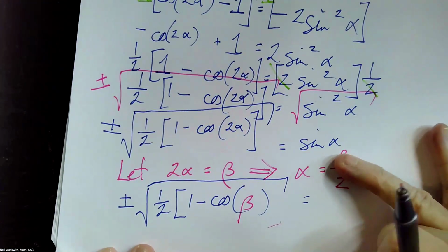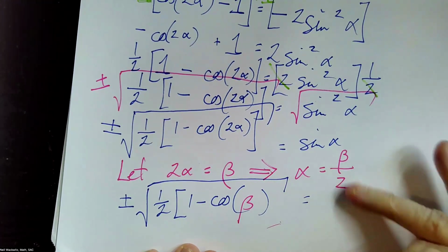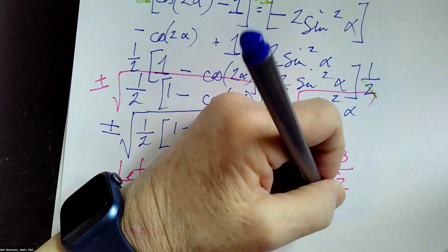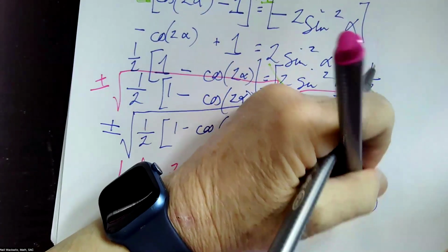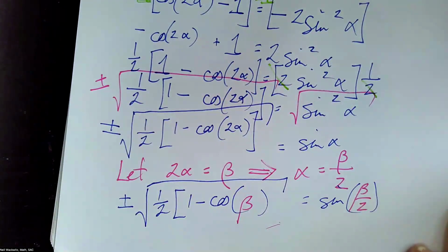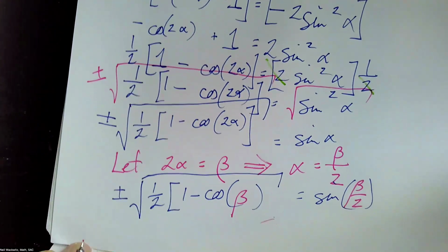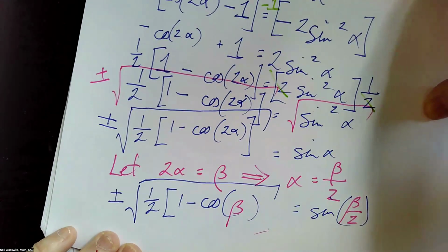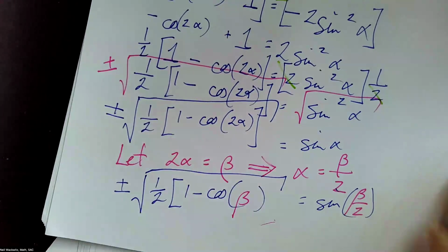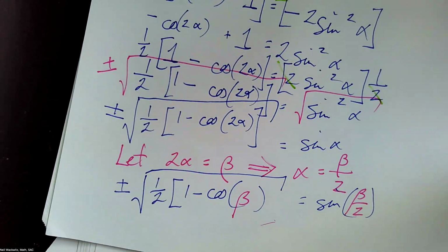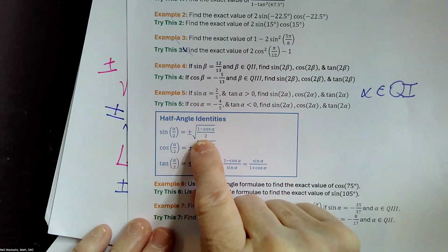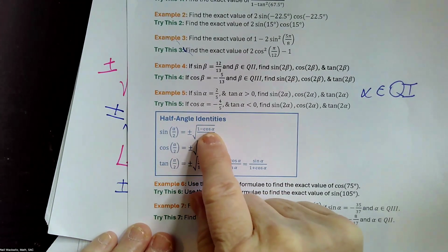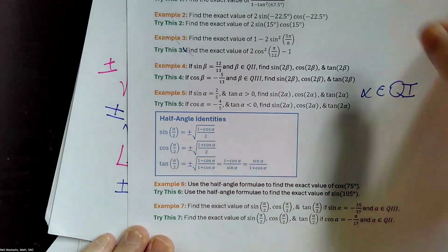On the right, we've got sine alpha, but I said alpha was beta over 2. So we've got the sine of beta over 2. And that's exactly the half angle formula for sine: 1/2 square root of 1 minus cosine alpha over 2.